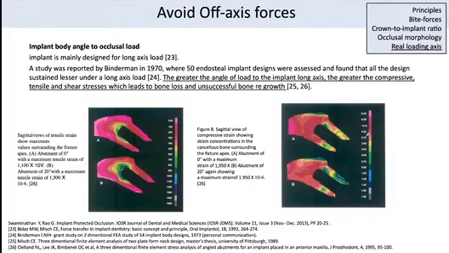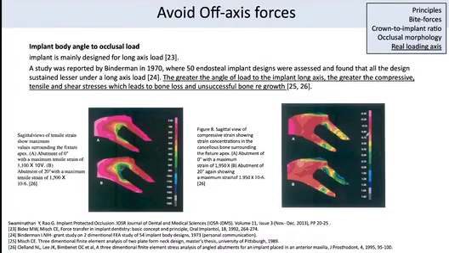We have to avoid off-axis forces. All the authors are in agreement with this principle. Avoid off-axis forces. But what is the direction of the force?